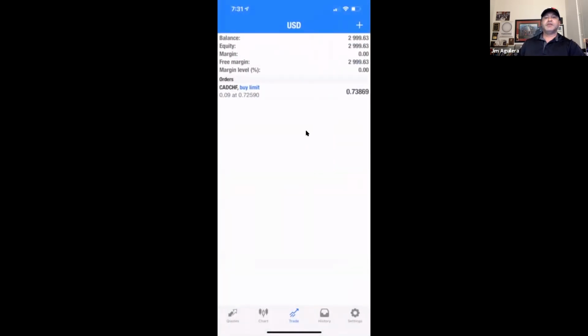And what happens here is, unlike placing a market execution trade where you immediately are either in profit or in a little bit of a loss, this trade's not even active. It's just sitting there. There was actually a list of 6 trades given out, and so my live account shows that I have 6 lines here of these pending trades.